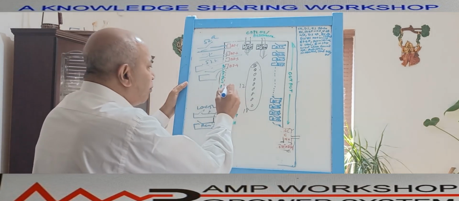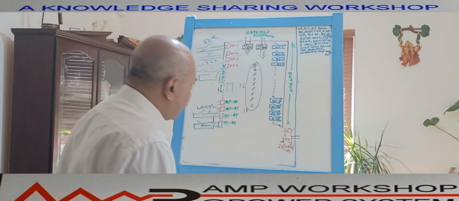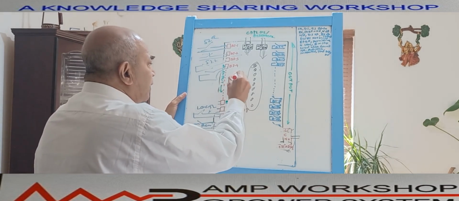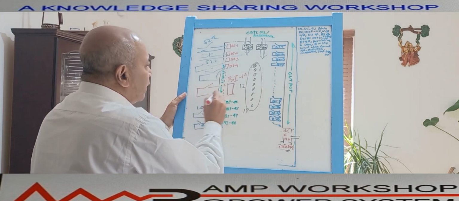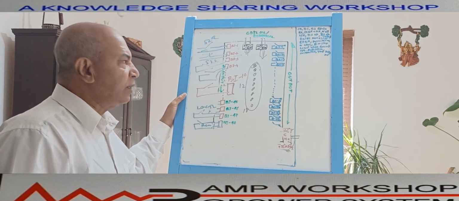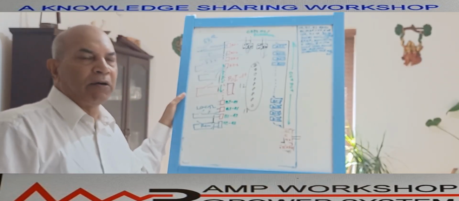Suppose this is binary input 10. I'll connect the emergency push button to it. That will indicate that my emergency push button has operated. In this way, various inputs I can configure as per the requirement.